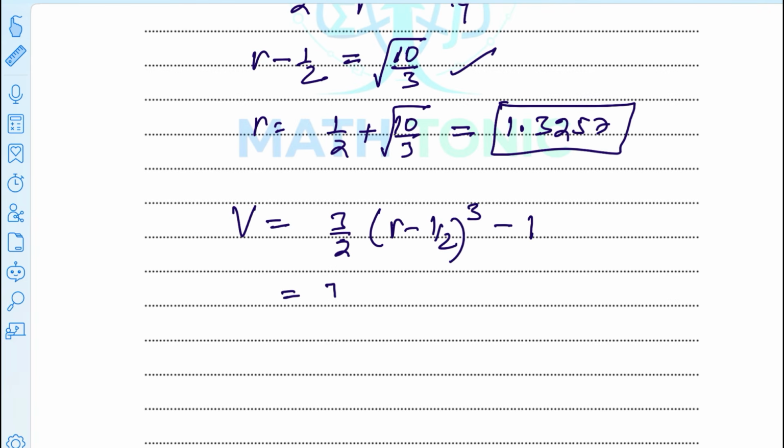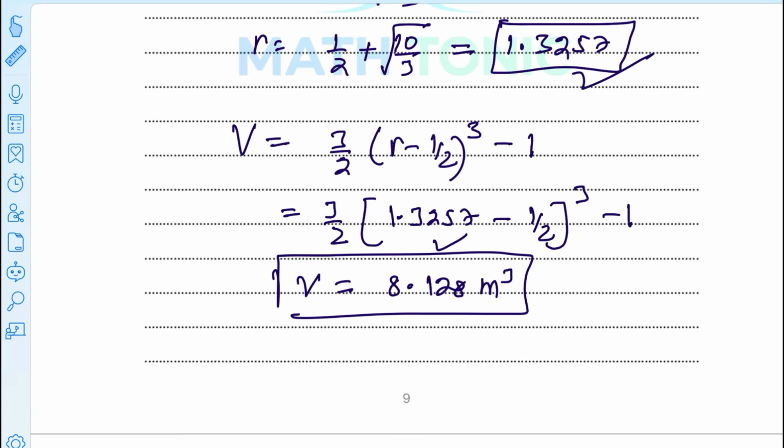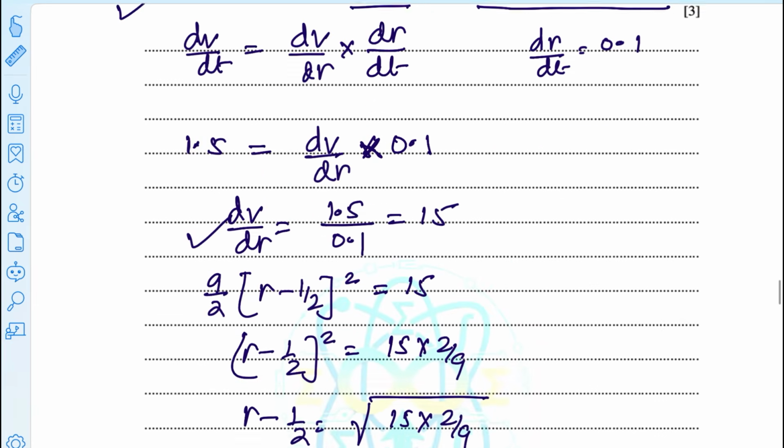So that equals 3 over 2 times ((1.3257 minus 0.5) to the power 3 minus 1). When you type the value in the calculator, we are getting here 8.128 centimeter cubed. That is the volume. Is it okay? Check this. It's a good question.